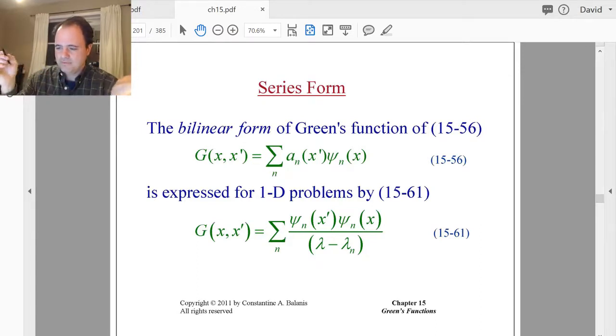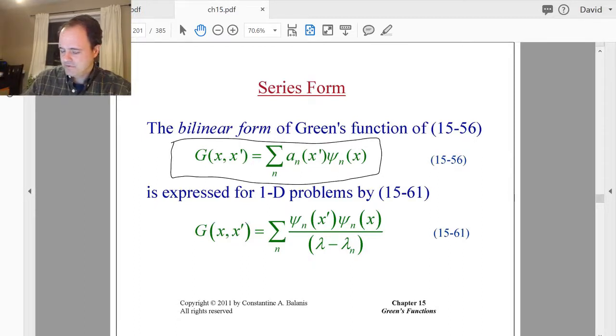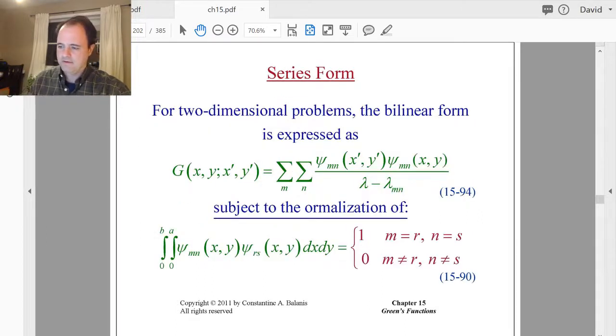All right. So the series form is, as we've learned before, we write the Green's function in the form of a series of terms of these eigenfunctions, and the coefficients then turn out to be this right here for 1D problems. All right.